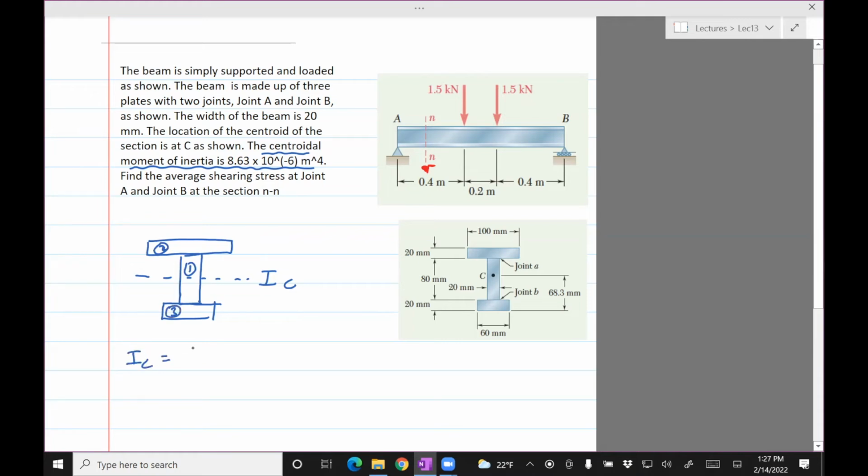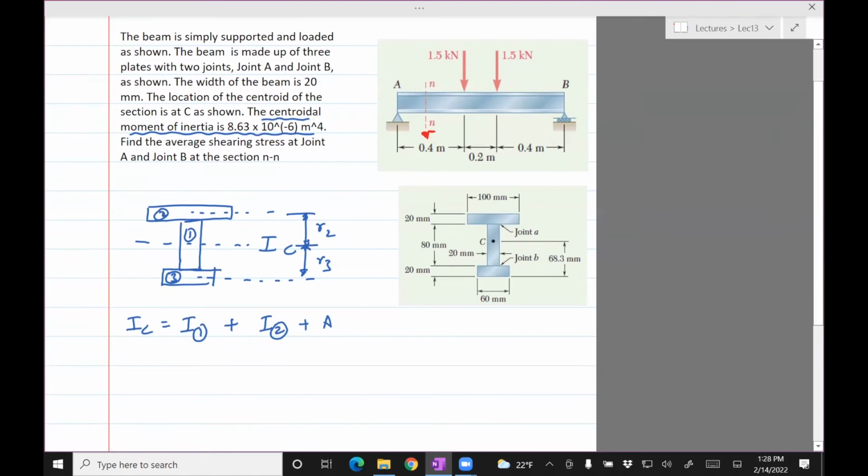Then I of C would be inertia of 1 plus inertia of 2 plus area times, call this distance to the centroid R2, and call this distance R3. You'll have to use the parallel axis theorem and compute area 2 times R2 squared.